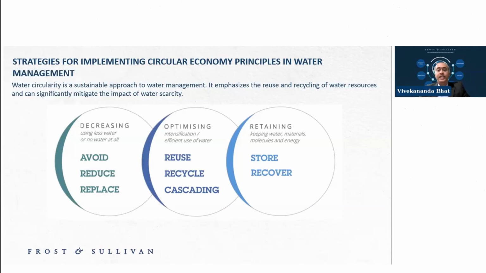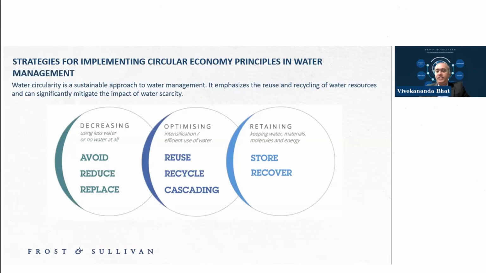Under the optimizing strategy, we have the very popular recycle and reuse. That means the secondary usage of water with or without treatment. Then we have the cascading technique, wherein we use the water output from one process in the next process. For example, in the paper industry, a similar technique is deployed. Under the retaining strategy, we have store, wherein we accumulate used water in reservoirs, lagoons, etc. for future use.